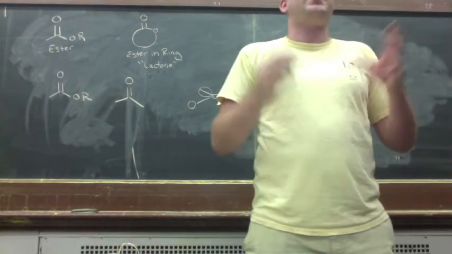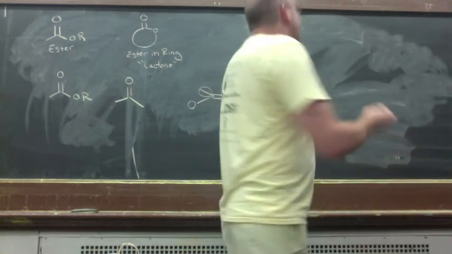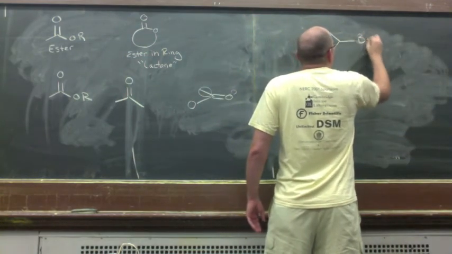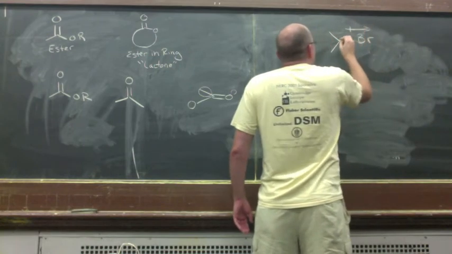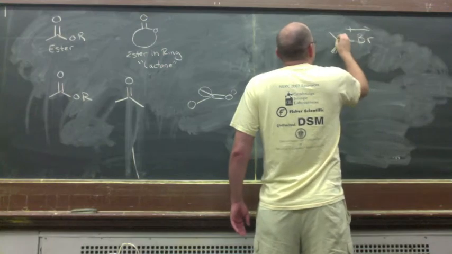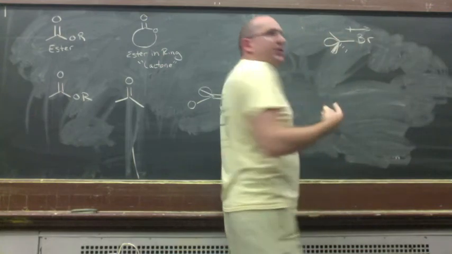discussed SN2 chemistry, right? And within SN2 chemistry, you have your leaving group, and you get this attack. Where the attack takes place is via this antibonding orbital.